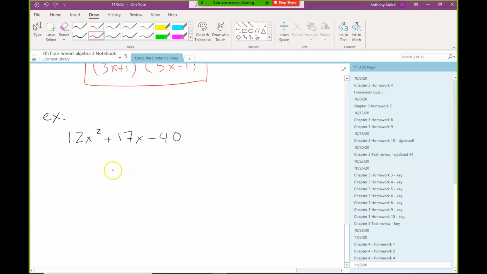Okay. So we'll start by finding the two numbers that multiply to give us negative 480, right? That's 12 times negative 40. And add to give us 17.